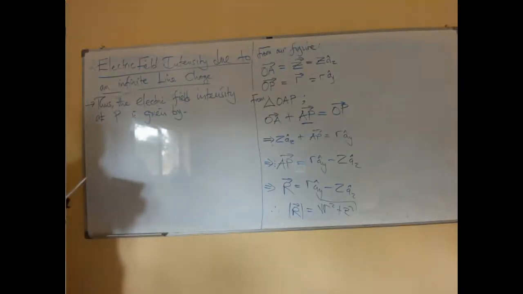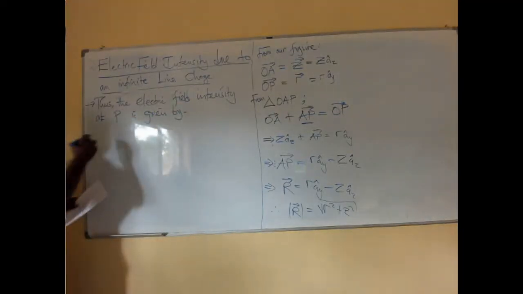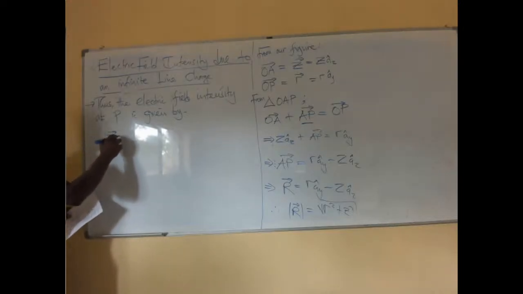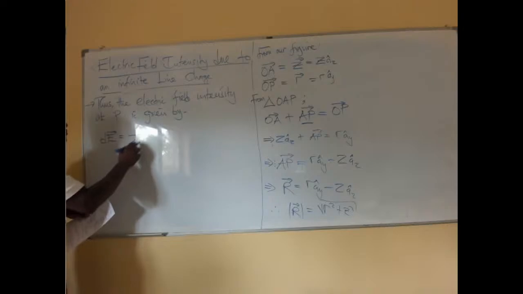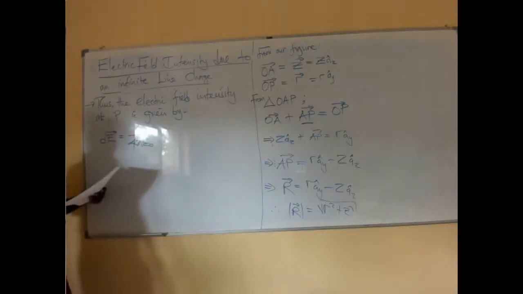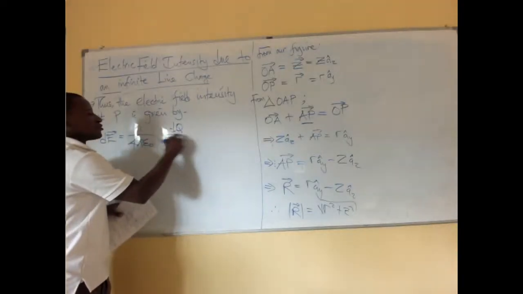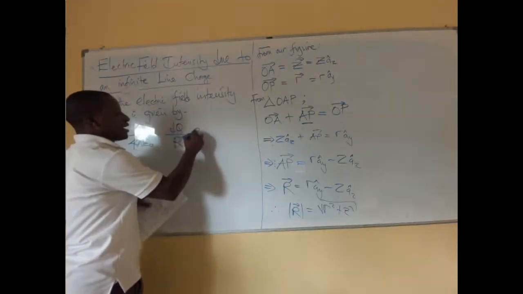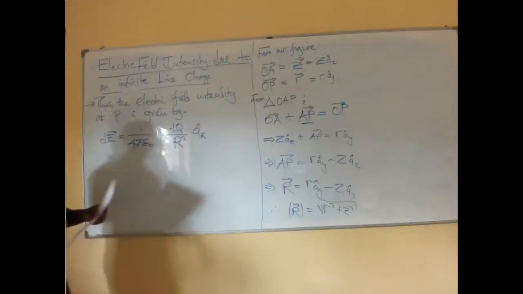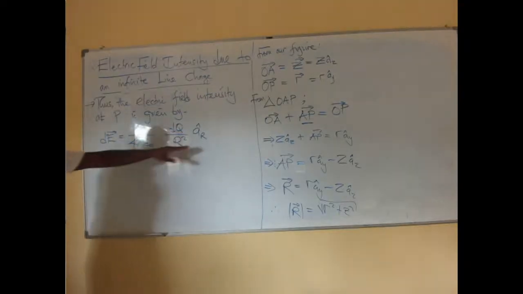Right. So what we have is that this is the E, which must be equal to, remember that we have our constant 1/4 pi epsilon 0 multiplied by dq over r squared multiplied by a_r, which is a unit vector in the r direction.